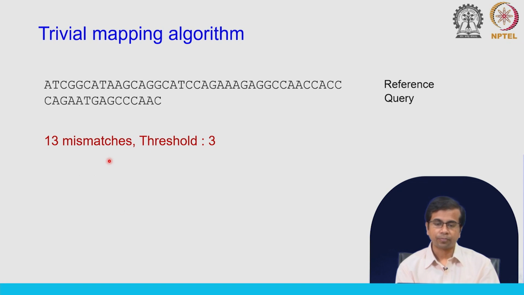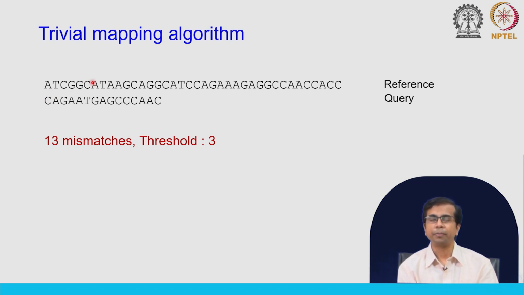Based on this brute force approach, we put this read against the reference sequence, starting from the first position, with the reference on top and the query below, and we count the number of mismatches.